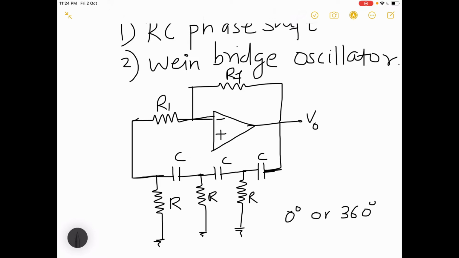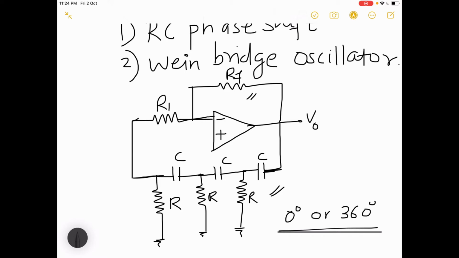For getting this condition, 180 degree phase shift is provided by the feedback part and 180 degree phase shift is provided by the amplifier part.